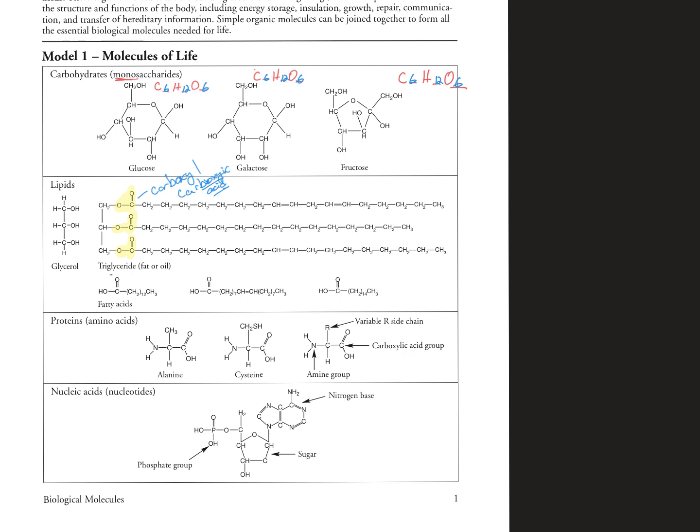Why is this a thing? Well, it turns out that this little tiny, let me use white, I guess. Here, this 3 carbon, usually OH, there's probably an OH here.